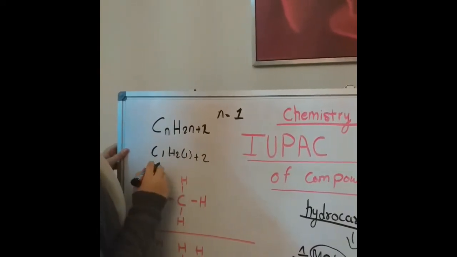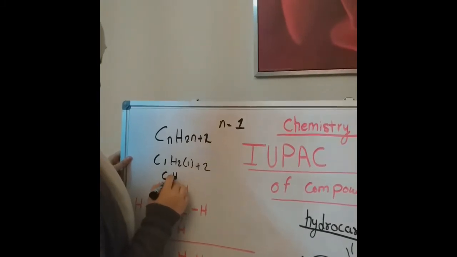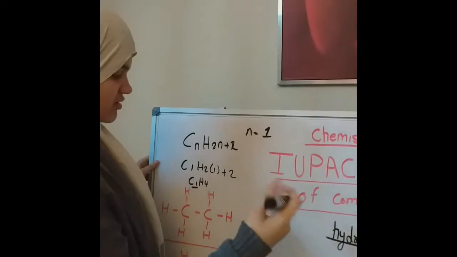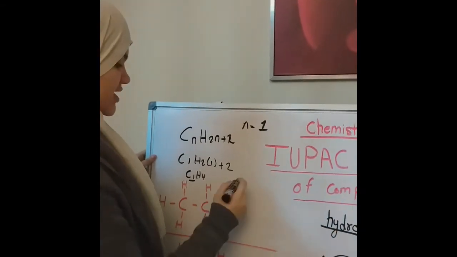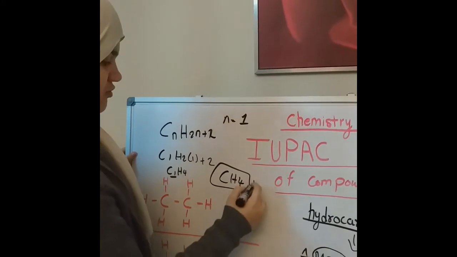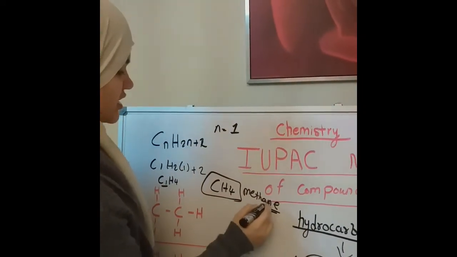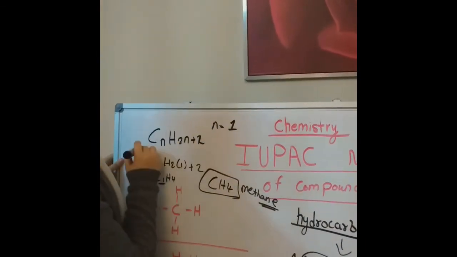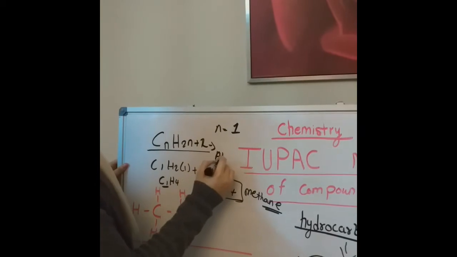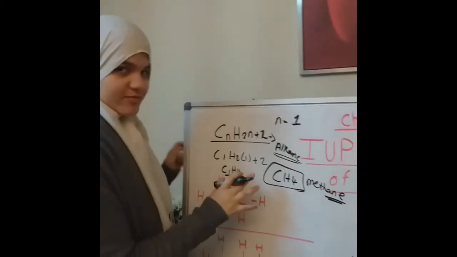That means it will be C1, 2 times 1 is 2, plus 2 is 4. CH4. Of course, we will not write the 1 because it's not necessary to write 1. CH4 is methane, with the suffix ane because the formula is for alkane.